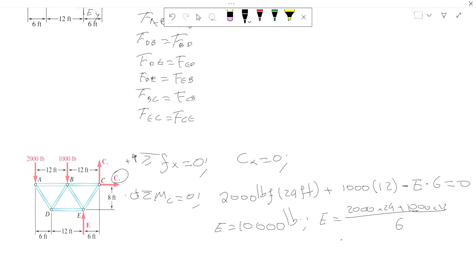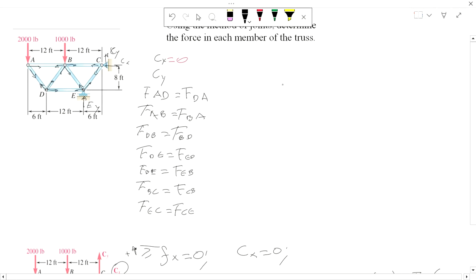That's what we have computed, and that is 10,000 positive. So E, actually E is missing here, is 10,000 pound force.